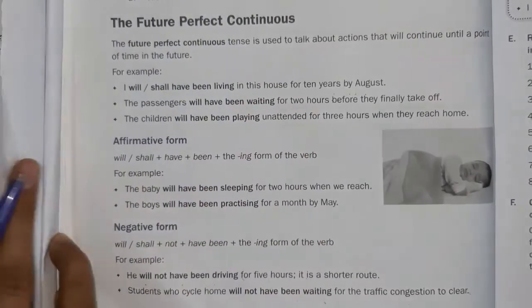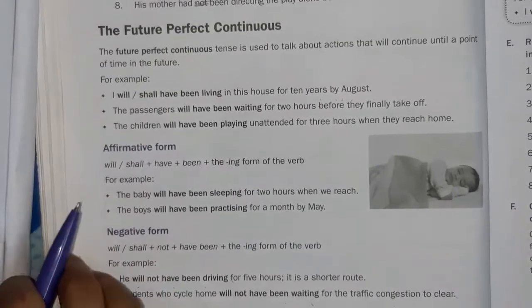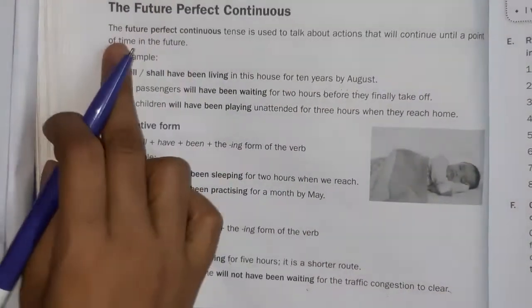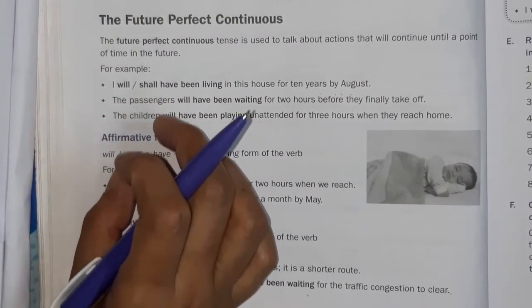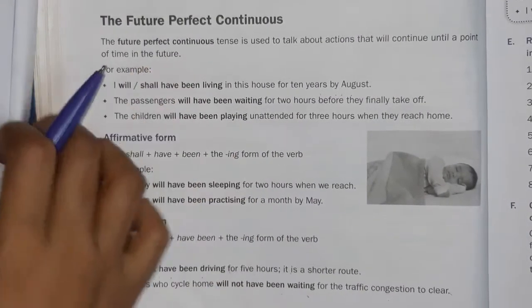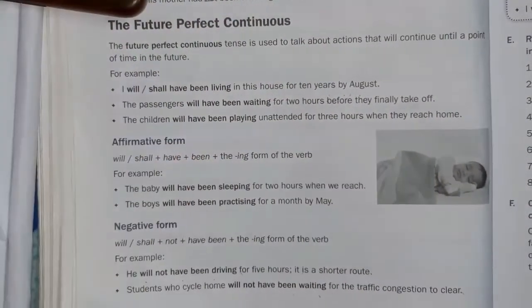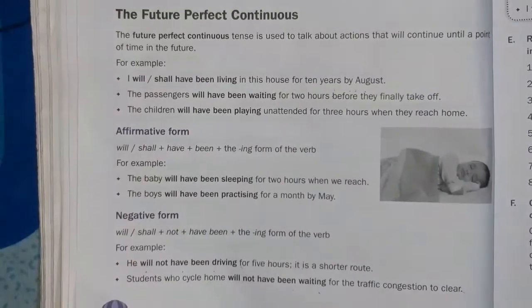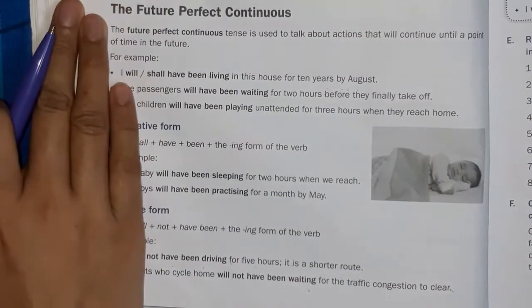It means the starting of the action may be past or present, or maybe future also, but the action will still continue till a particular point of time in the future. For example, a very good example is given for you to explain: I shall have been living in this house for 10 years by August.